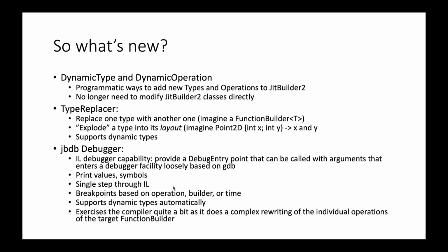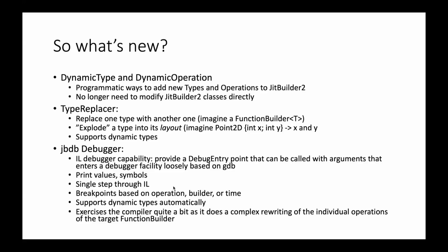And so the notion there is that you define a layout class or a layout struct. It has to be a struct type, and that struct type is designed to communicate to JitBuilder what is inside one of these new types that you're generating.